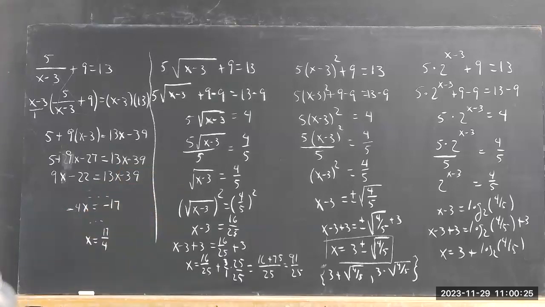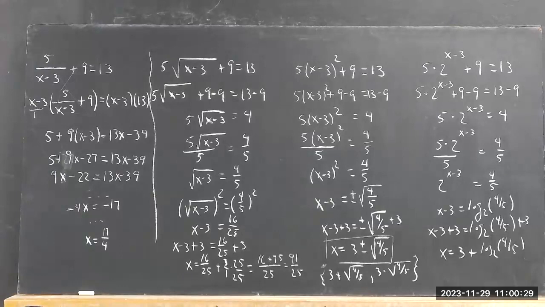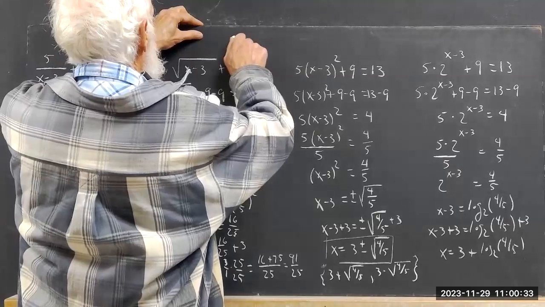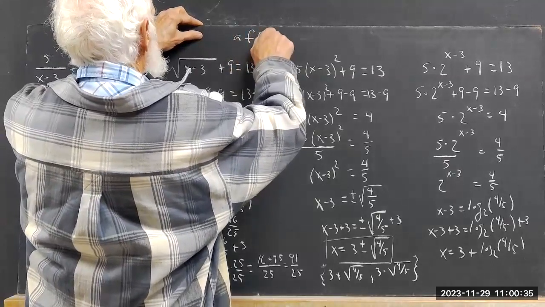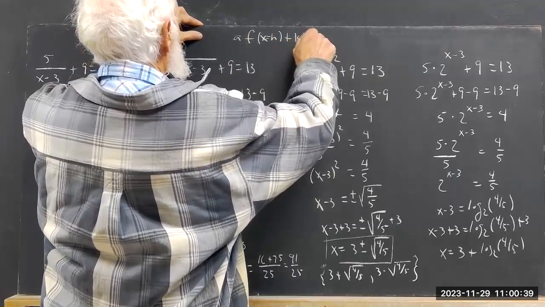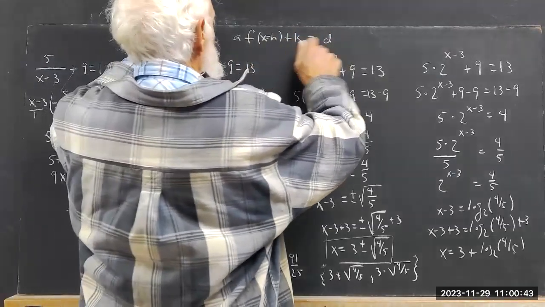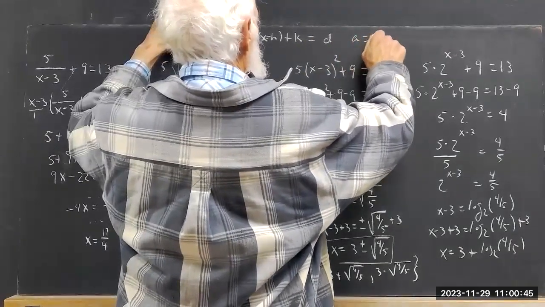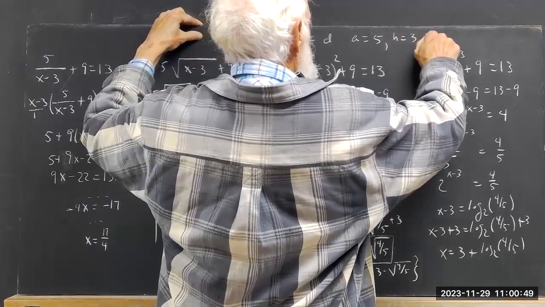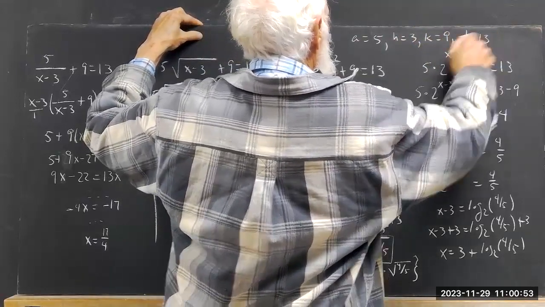We should understand all those steps, all those details. One last comment. All these are a f of x minus h plus k equals d, with a equals 5, h equals 3, k equals 9, d equals 13.